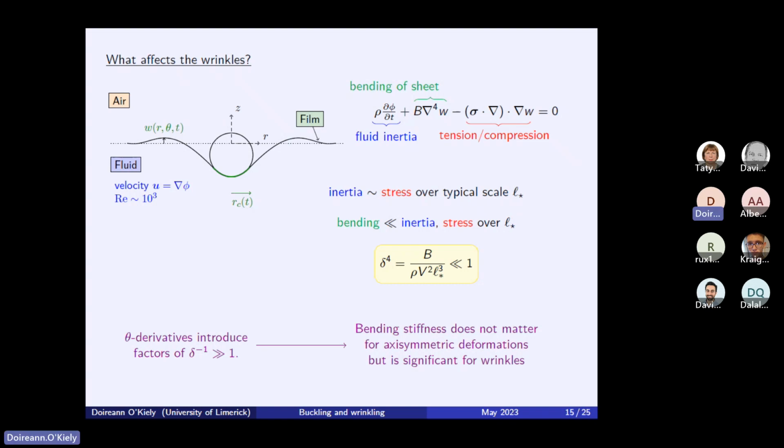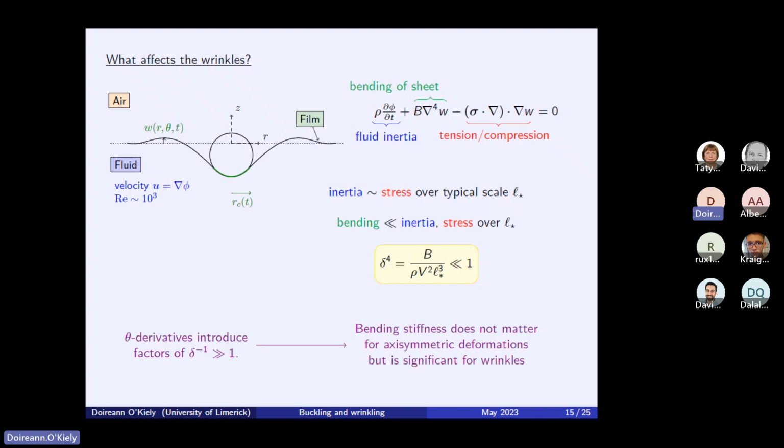Okay, and so that's why the bending stiffness doesn't matter for the leading order behavior, because that's just an axisymmetric propagating wave, but it's really important for the wrinkles because they're highly oscillatory. So from a modeling point of view, we took this force balance and all the boundary conditions that you need to go with it.